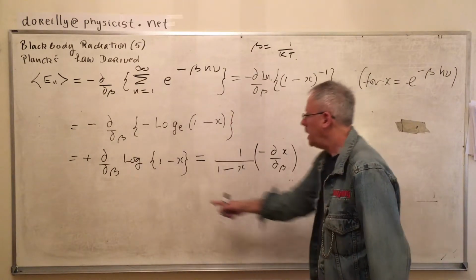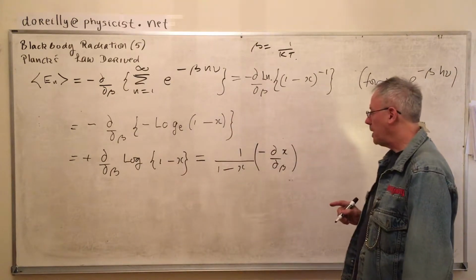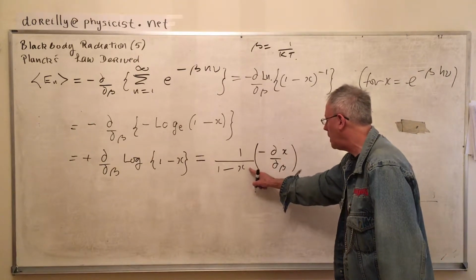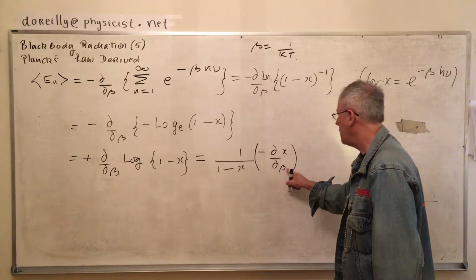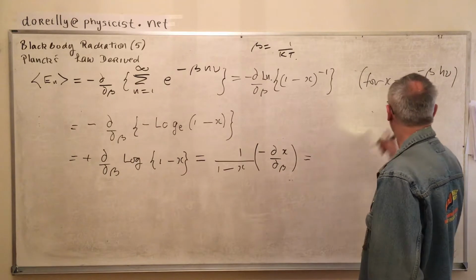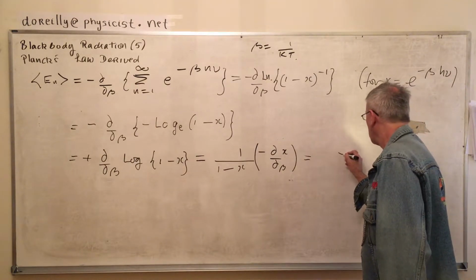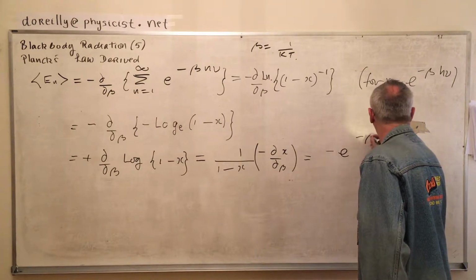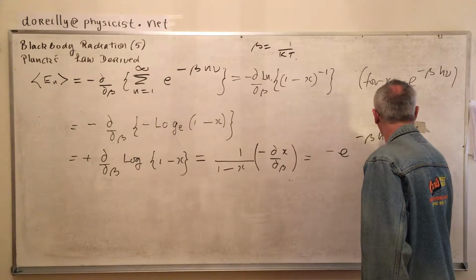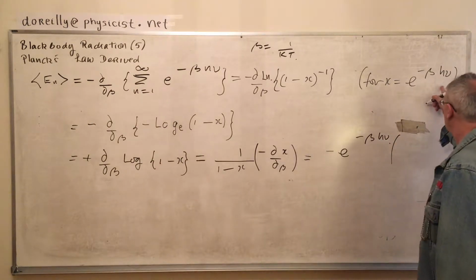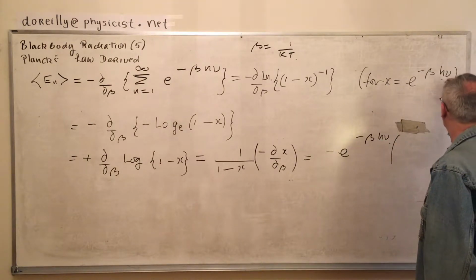So, take the derivative of log 1 minus x, it's 1 over 1 minus x times dx by d beta. Now don't forget what x is. X is this. And when we take its derivative, there's an n in here.